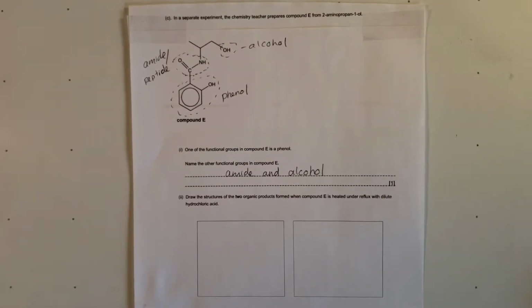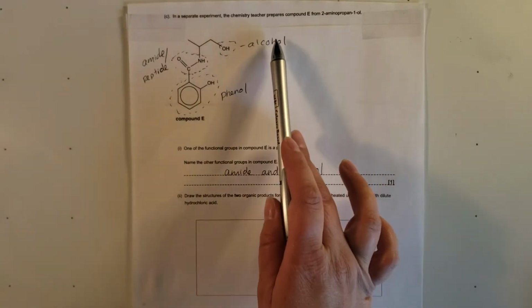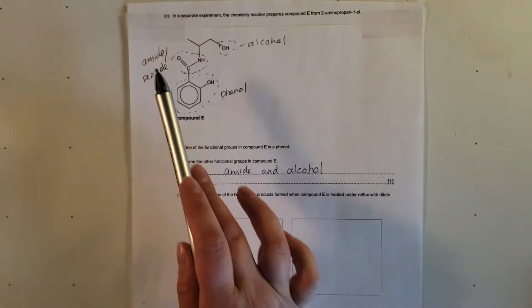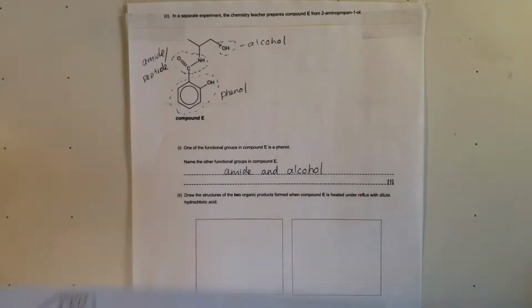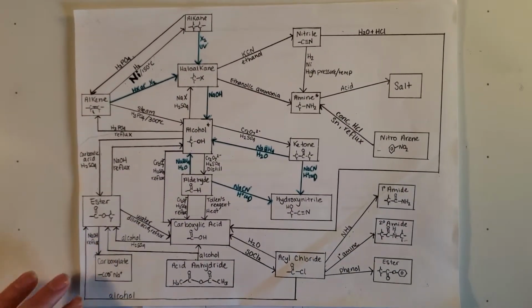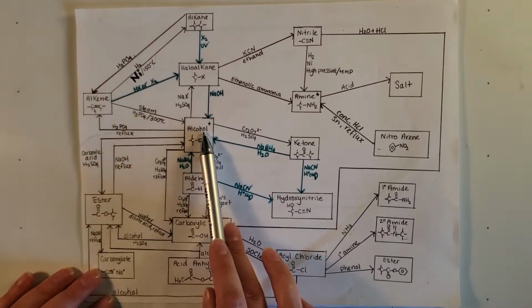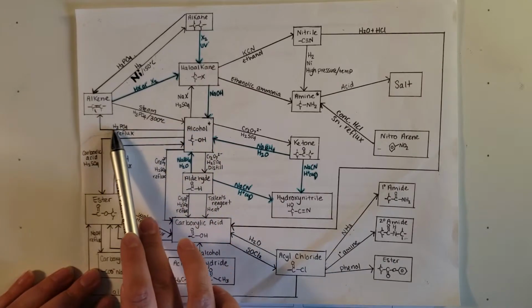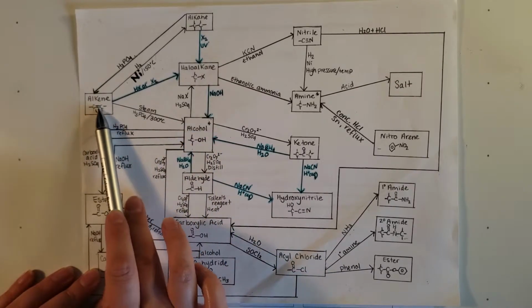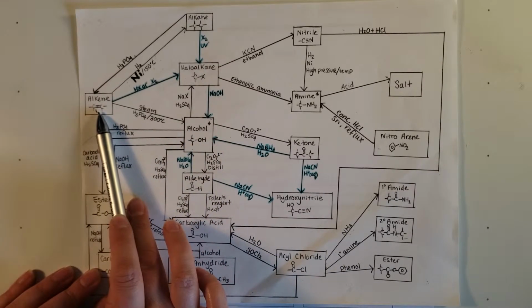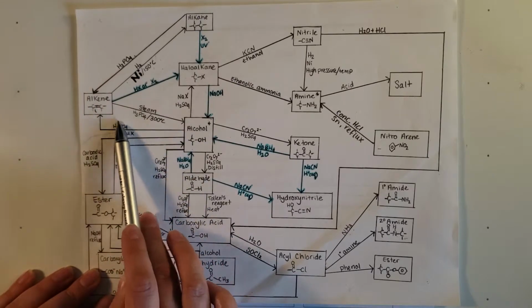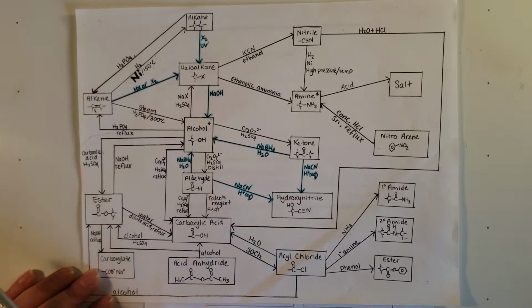With this, we have two potential functional groups that could react, the alcohol or the amide. If we look here, with your alcohol, we have phosphoric acid in reflux, you get your alkene. So we do have acid reflux forming an alkene.